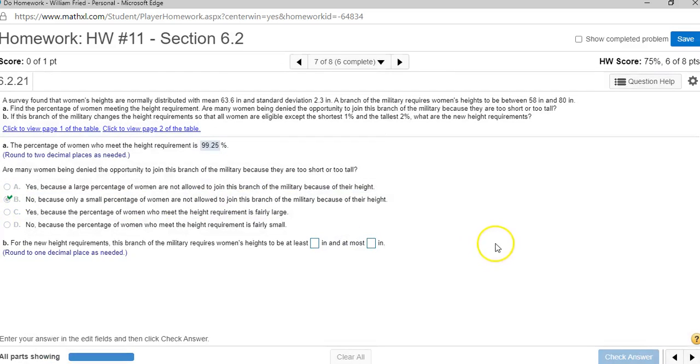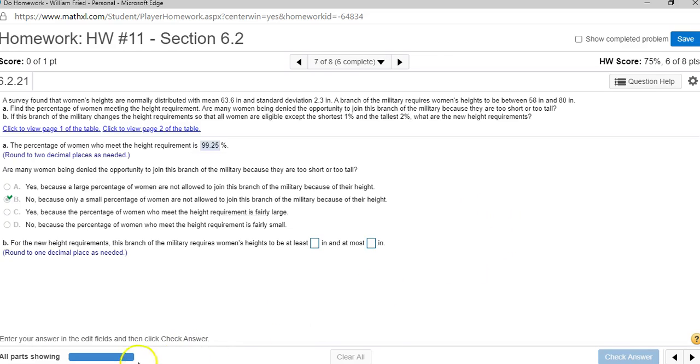Now this is the InvNorm part. They want the cutoffs for the shortest 1% and the tallest 2%, and remember, the mean was 63.6 and the standard deviation was 2.3. So here's where I'm going to use InvNorm.